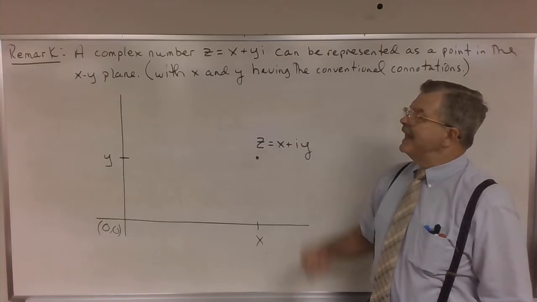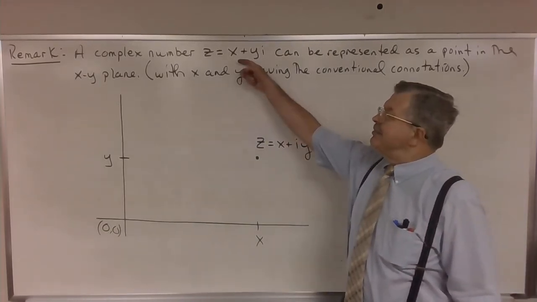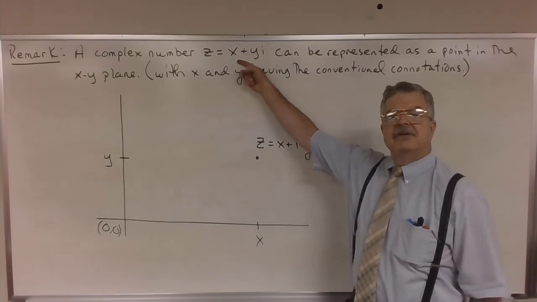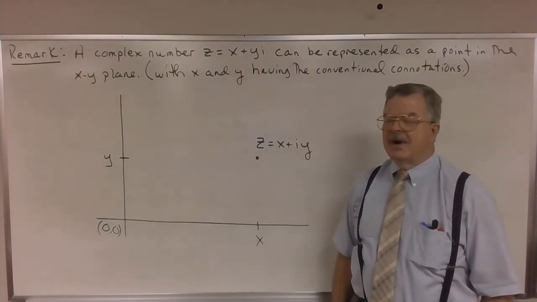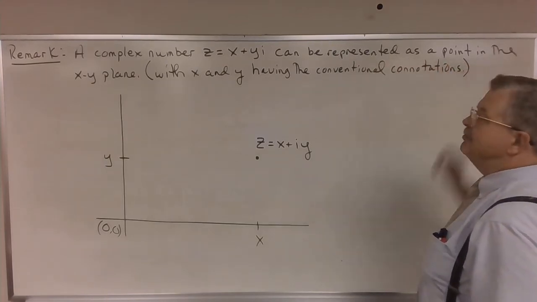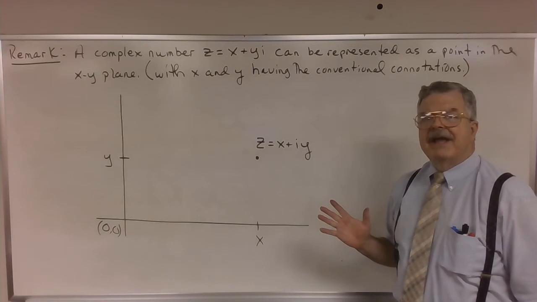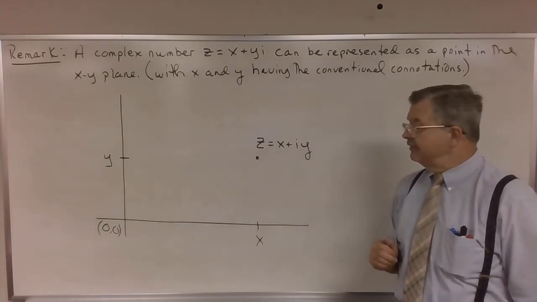Okay, brand new blackboard. Any complex number, z equals x plus yi, can be represented as a point in the xy plane. And x and y have the conventional connotations.